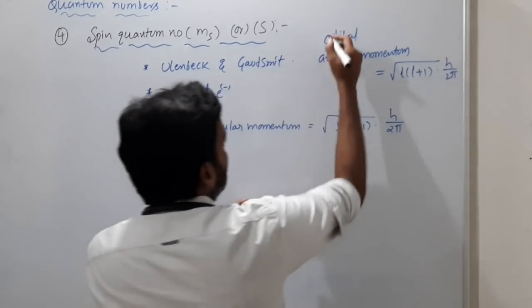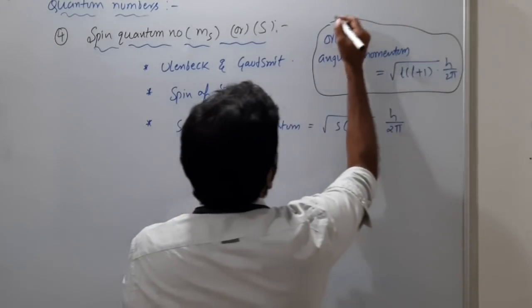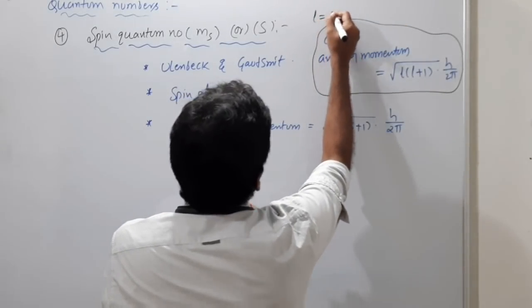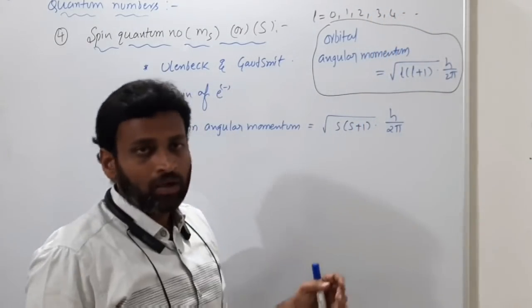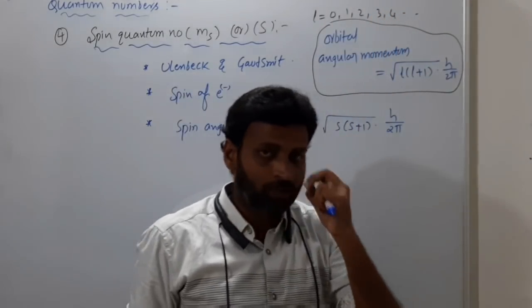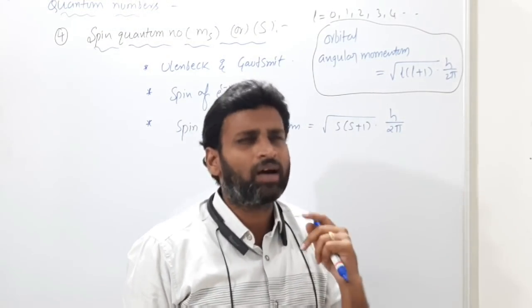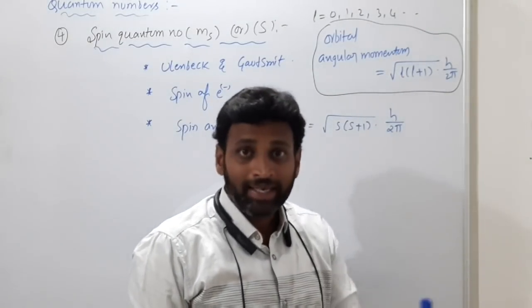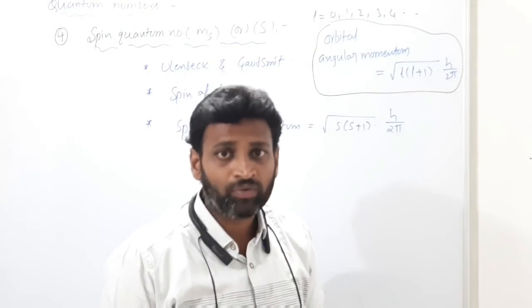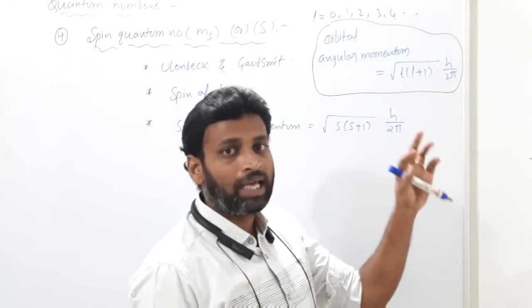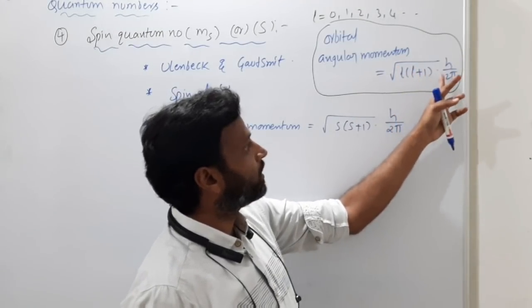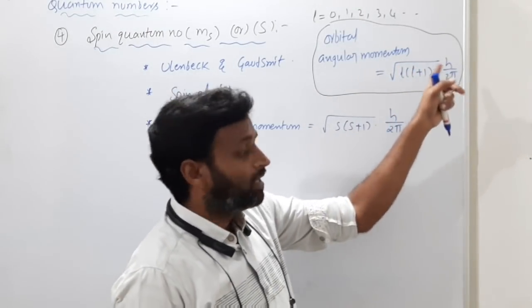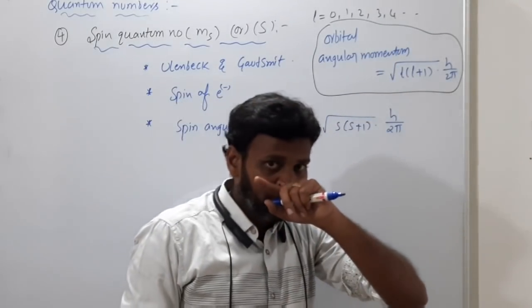L takes the values 0, 1, 2, 3, 4 and so on. For the S subshell, L is 0. For the S subshell, what is the orbital angular momentum? Square root of L into L plus 1 into h by 2 pi. Please remember.